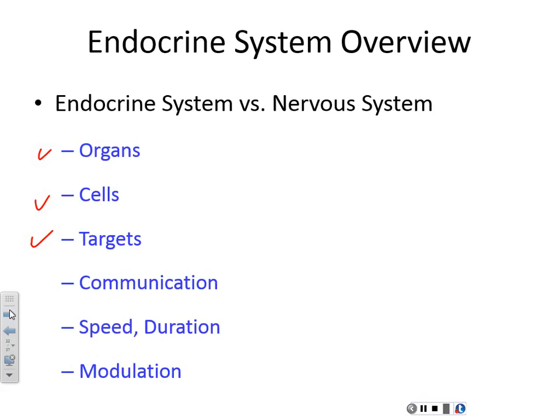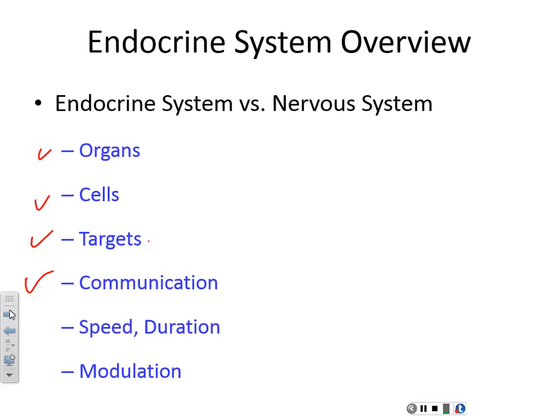Okay. In the targets, of course, the targets have a particular receptor for that hormone, okay? And then for the nervous system, it's a synapse. Whichever cell communicates with another cell at the synapse or where they have a synaptic junction, that's how the nervous system influences its targets.